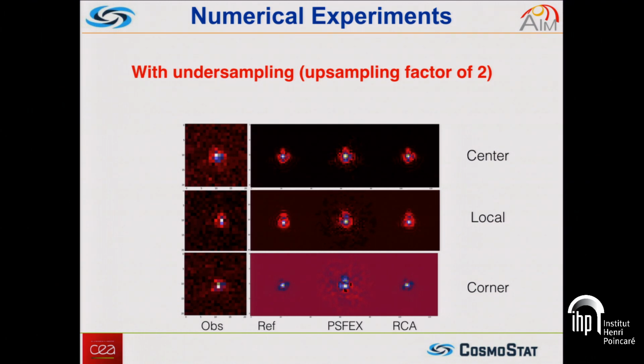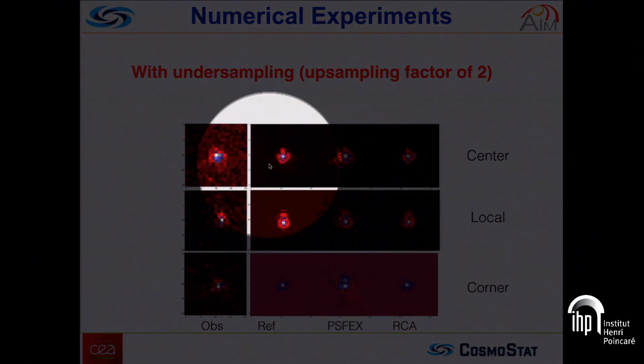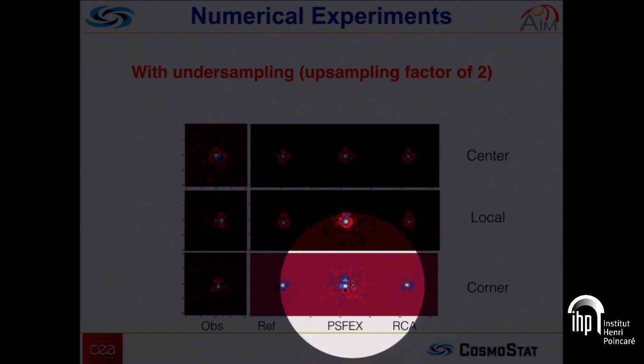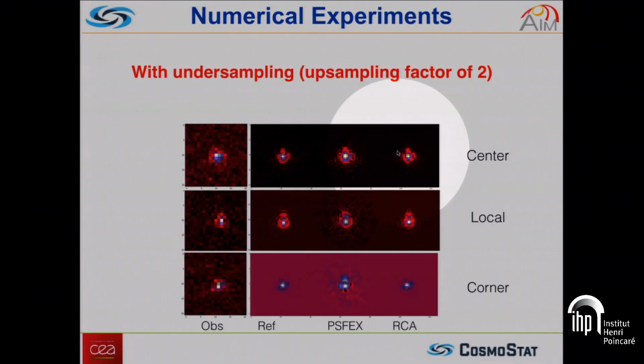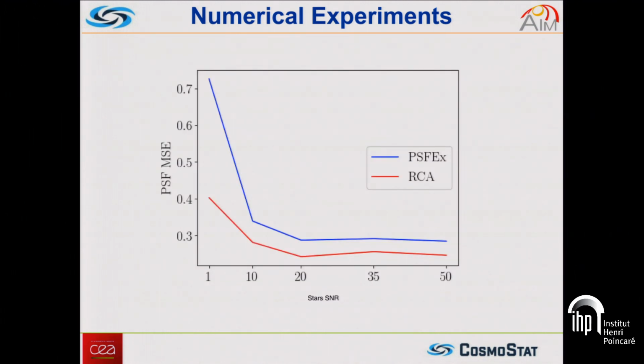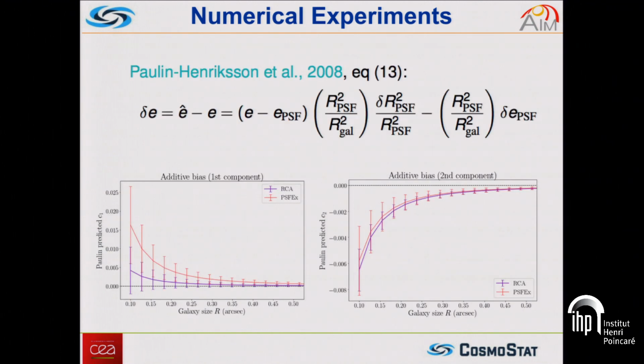That's just visual results, where we have here the true PSF, here what PSFEx will recover, and here what this technique recovers. Now to get some quantitative numbers, we have here the mean square error, and you can see that there is an improvement by a factor of 2 in terms of mean square error.